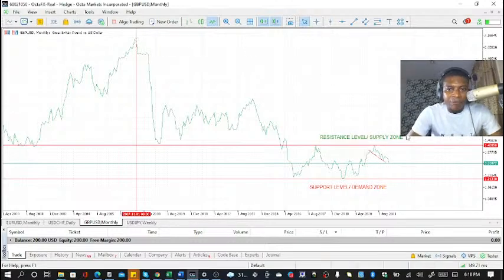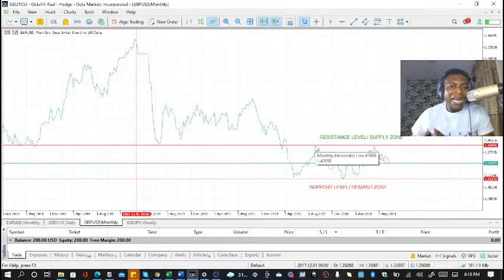So this is a resistance level. Why? Because price has risen and touched this level and fallen back. Price came back again to test this same level, and it fell back. Now this level is called the supply zone because it is a level where buyers are willing to sell.